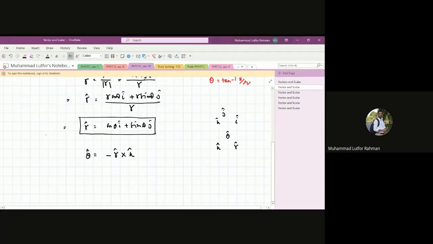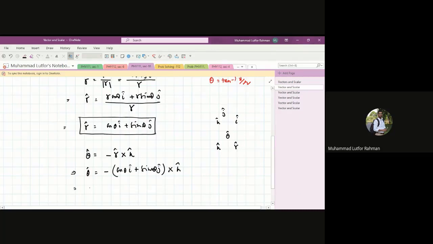Because I know the unit vector of r, which is cos theta i hat plus sin theta j hat. Now take the cross product of k hat with that.